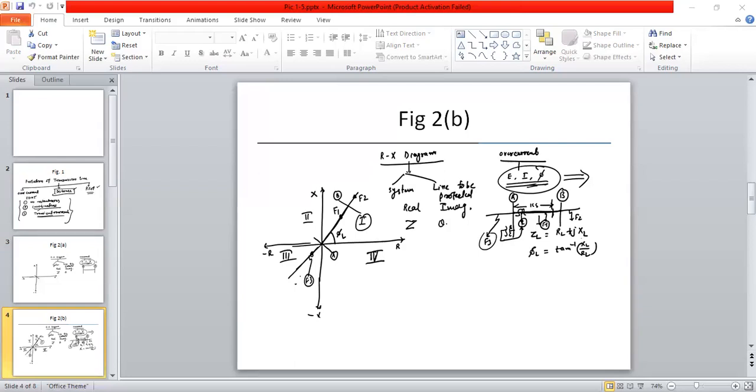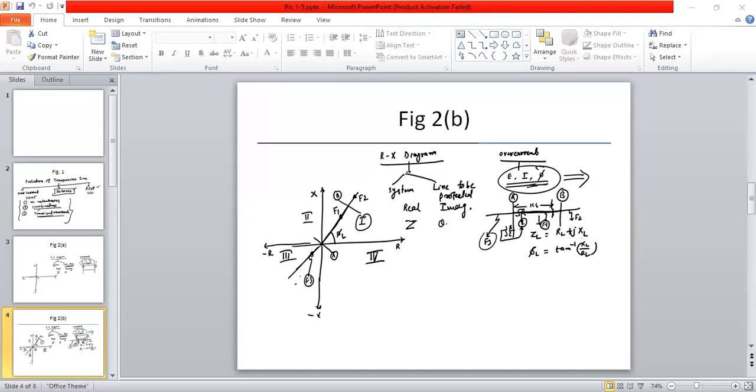Now, if I consider the third zone of the distance relay, the third zone will act as a backup relay.